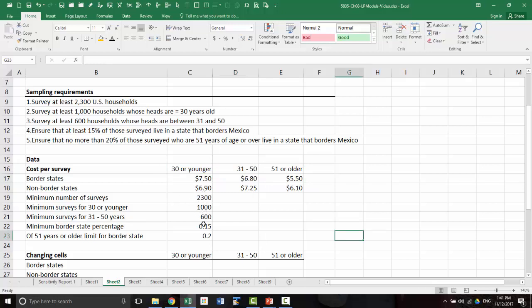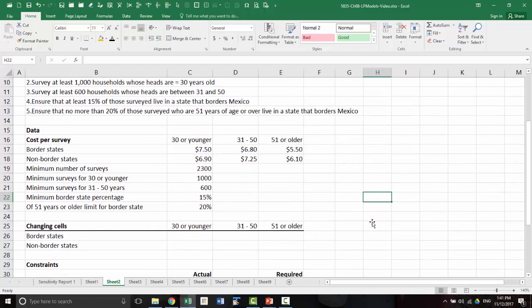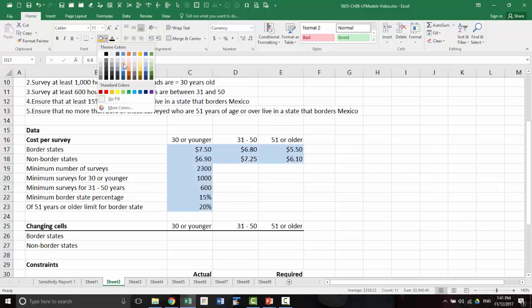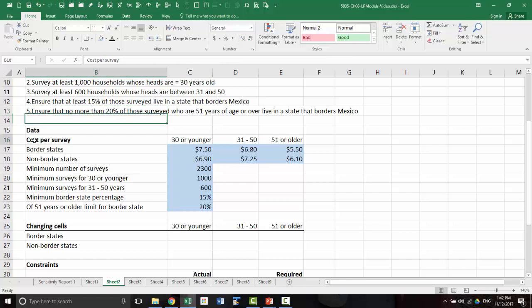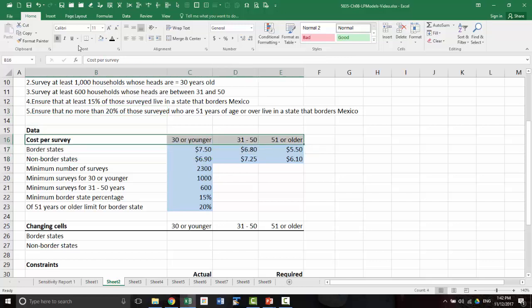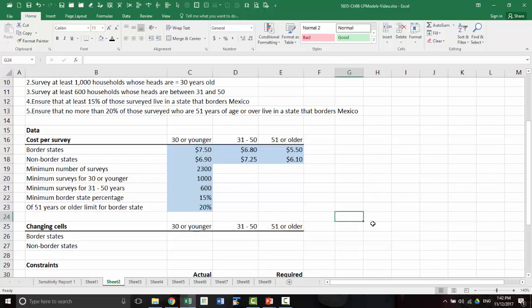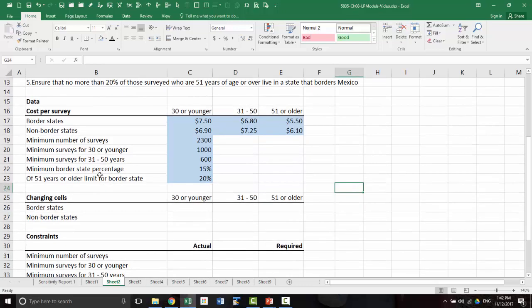So these are the minimums, and these two are percentages. So let's go ahead and make that into percentage. And these are input, so let's color code that. All right. So next we have to start developing the model.